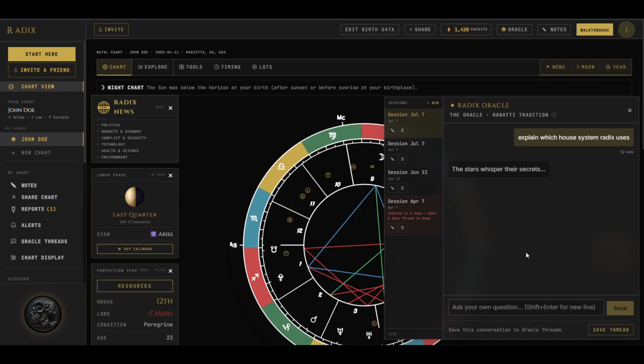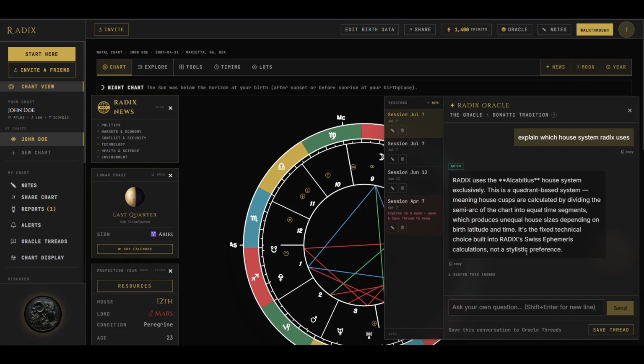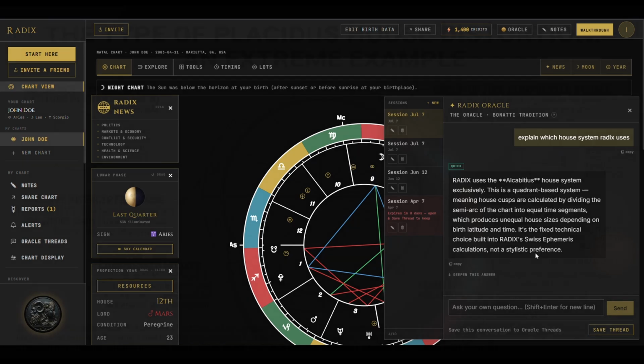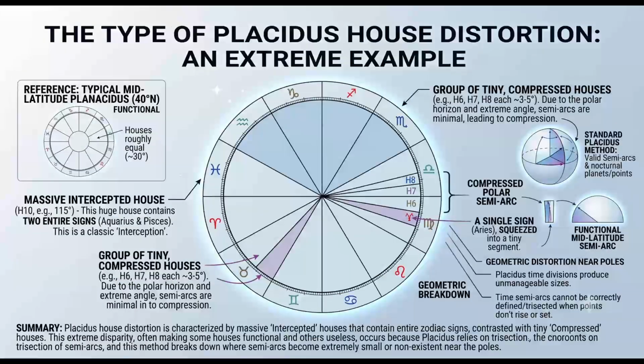Because of its straightforward math, Alcabitius tends to produce charts with relatively balanced house sizes. It is far less prone to creating interceptions, where an astrological sign is completely swallowed up inside a giant house and has no cusp of its own, compared to Placidus or Koch. Third, the historical gold standard.